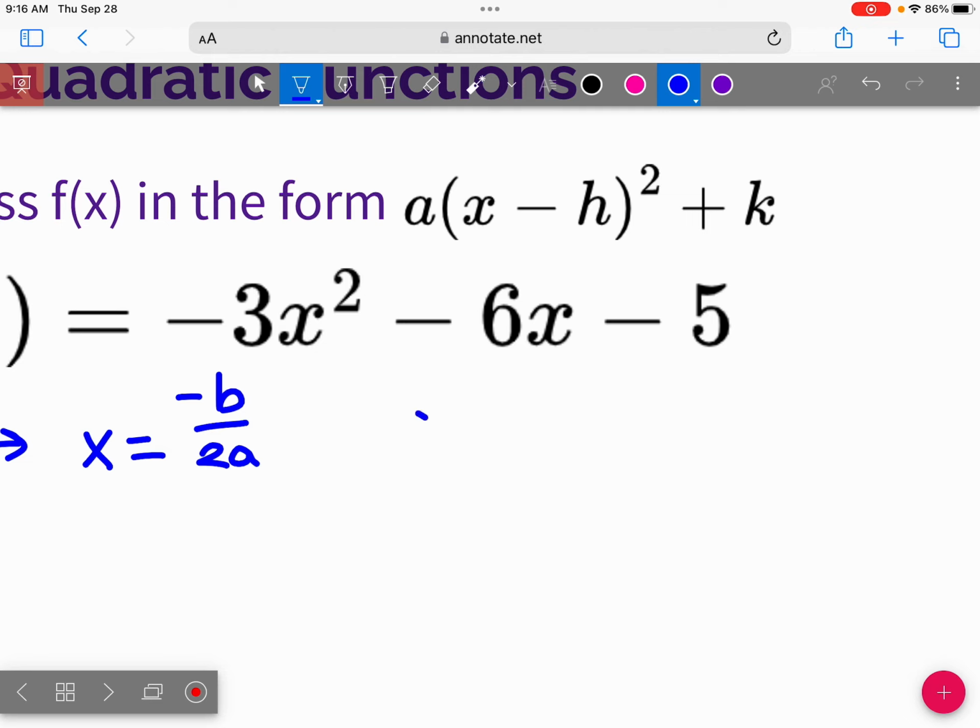So for this one in particular, the opposite of b is going to be positive 6. 2 times a is negative 6. So what's our axis of symmetry? Negative 1.